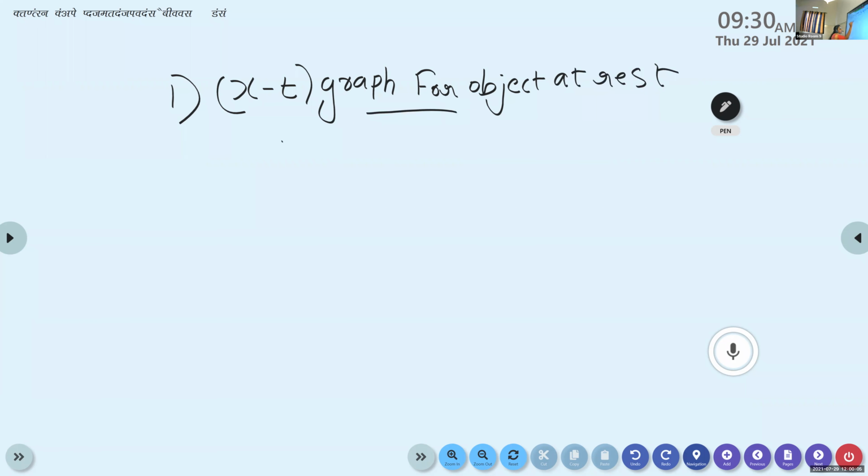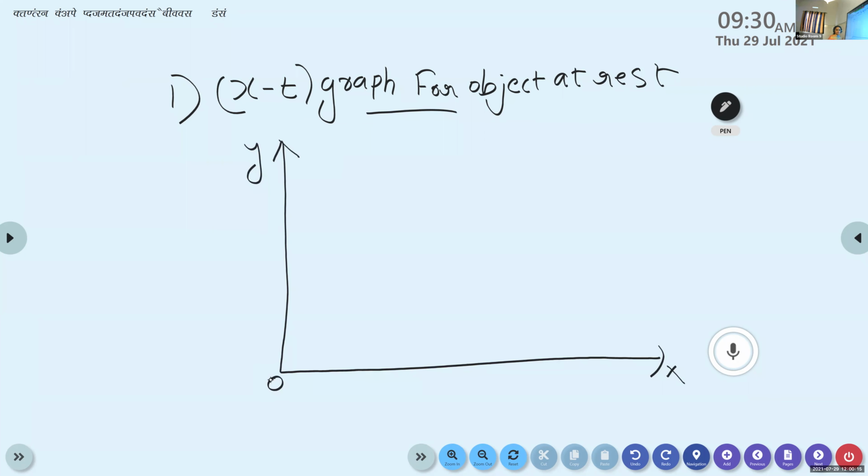So the first step, draw the axis. Here we have the x-axis and y-axis. And here we have the origin from which the object starts its journey, or it is the point at which the two axes coincide. That point is known as origin.